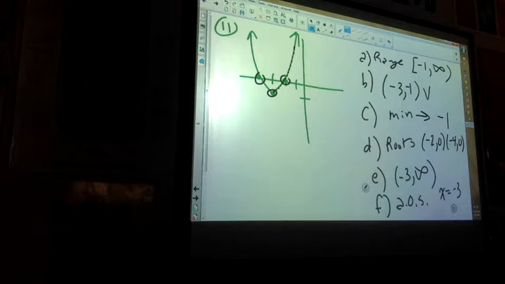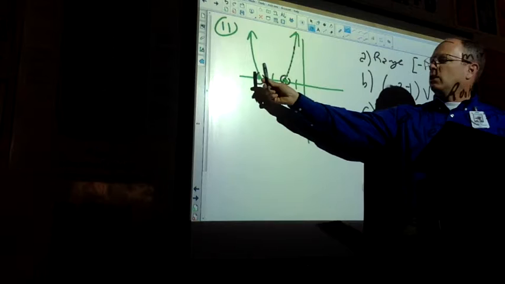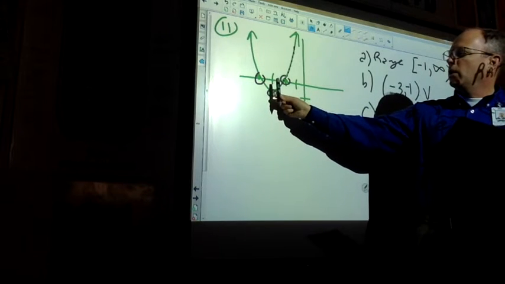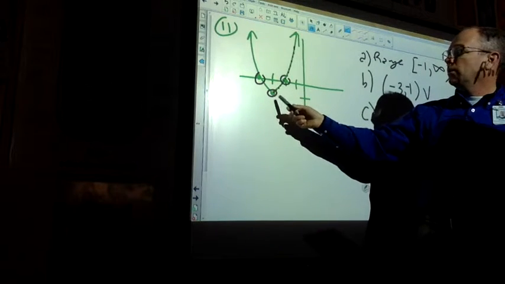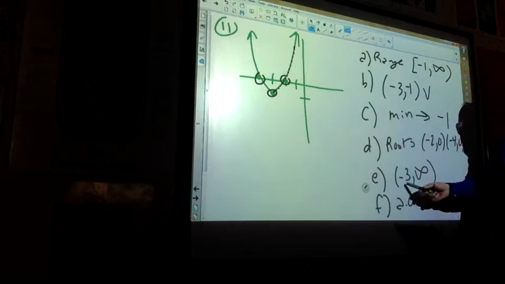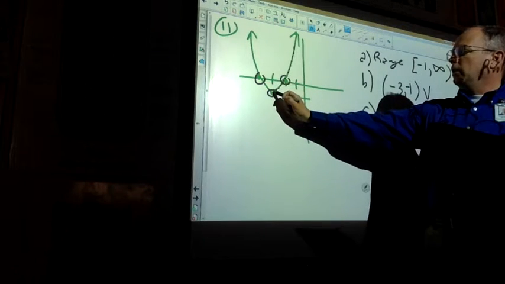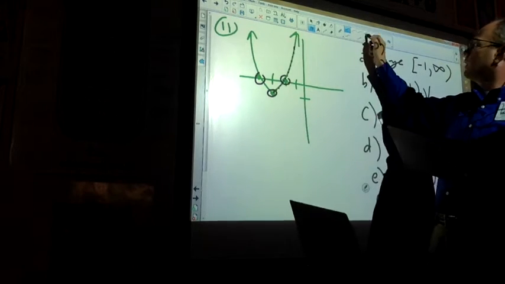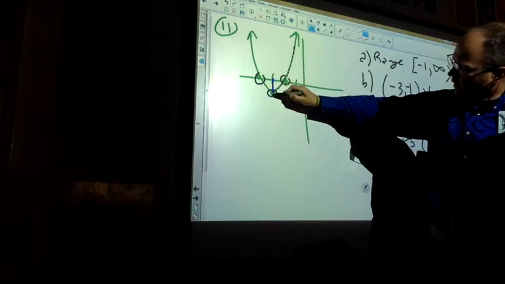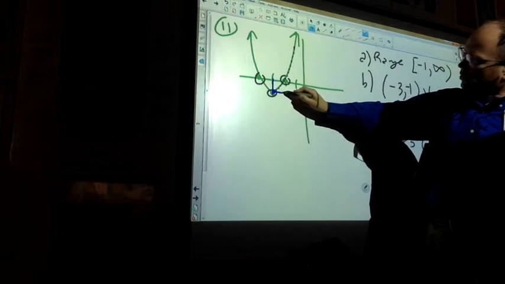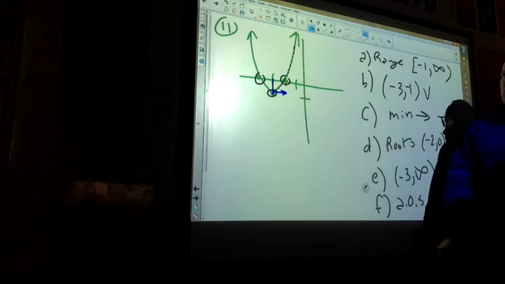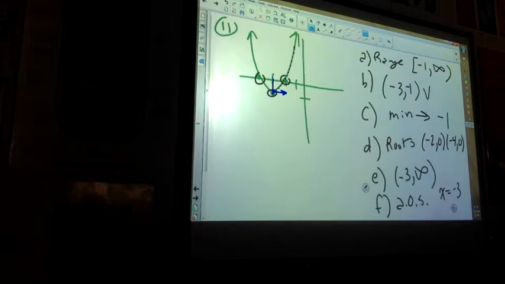No, you're looking where it's increasing in the x direction. Where in the x direction does the graph start pitching upward? Right here at this point, just as I start to go this way, it's starting to increase. Okay?